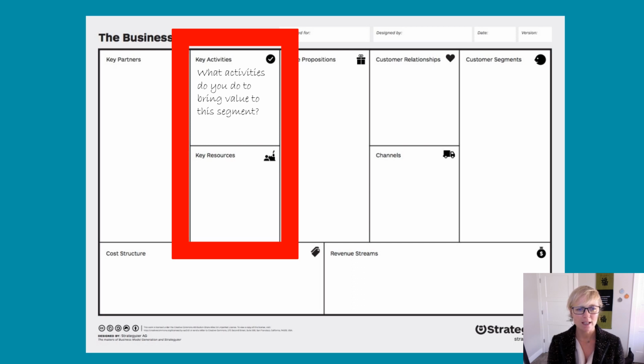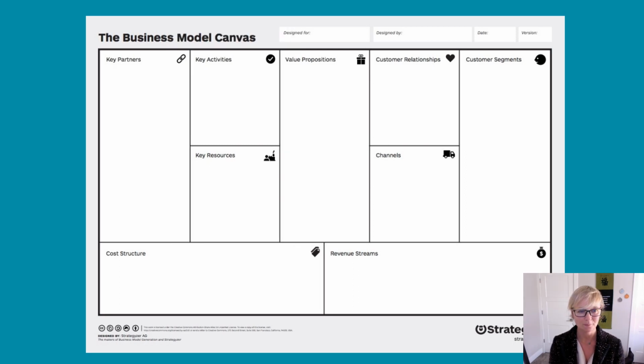The key activities are the things that you do to bring value to this segment, and they're built upon the resources that you bring to build value for this segment. This can be your education, it could be your network, it could be any particular thing that you have of value that you use to build value for the customer.